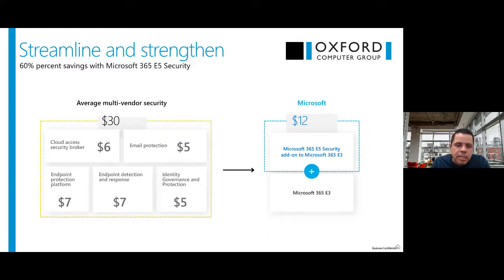You're looking at potentially 60% savings by consolidating to Microsoft 365 E5 Security. That certainly is compelling when you look at not only the financial aspects, but also the tighter integrations that you're going to get using the Microsoft best-in-class integrated solutions.